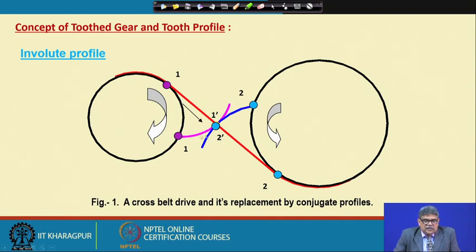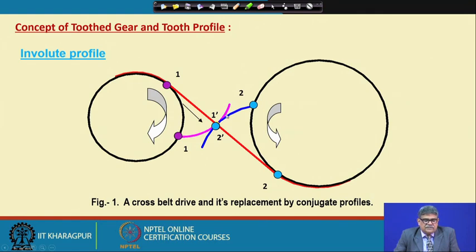Now, as you know, on a circle, if a thread is unwound, then the curve generated by this point is called an involute. So, therefore, this must be an involute, but the question is that in case of belt drive, we get a continuous motion as the belt is a closed loop, but how can we get continuous motion with these profiles?